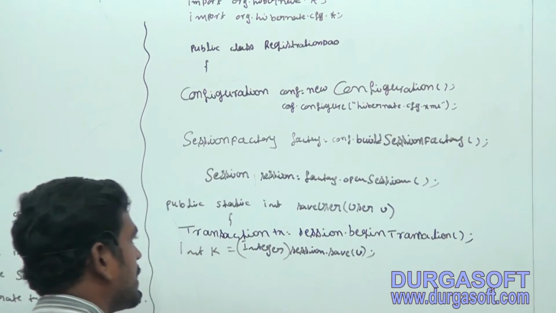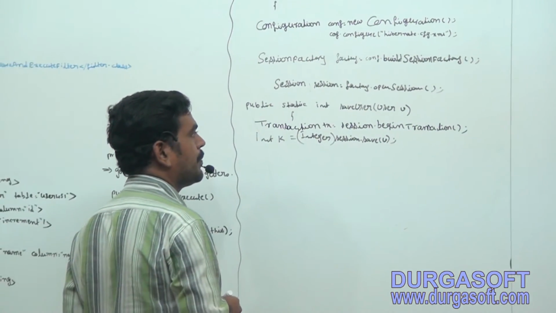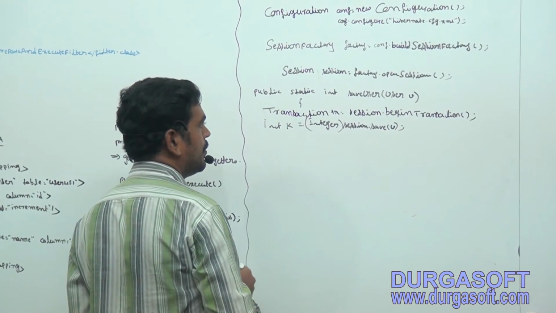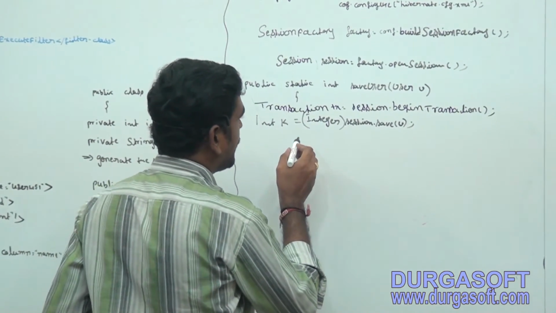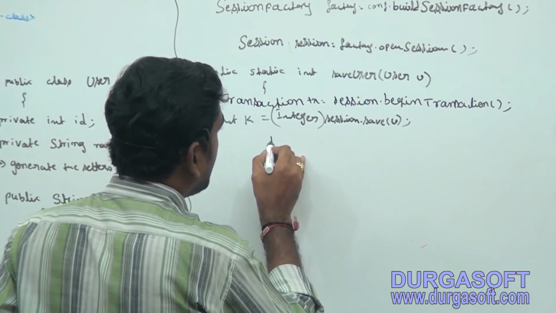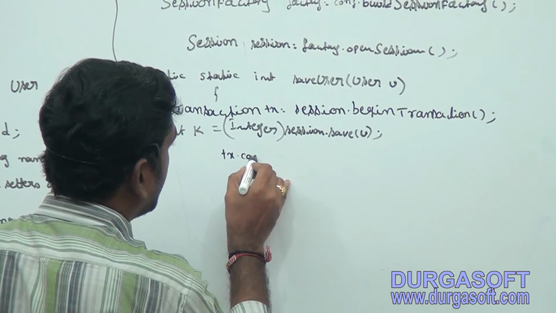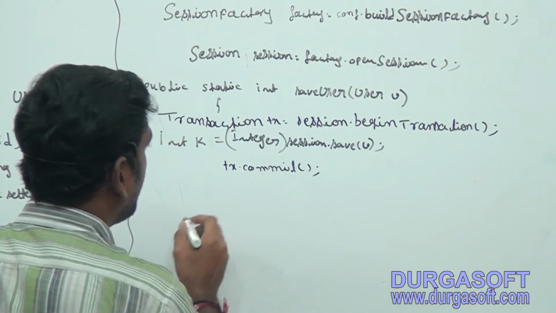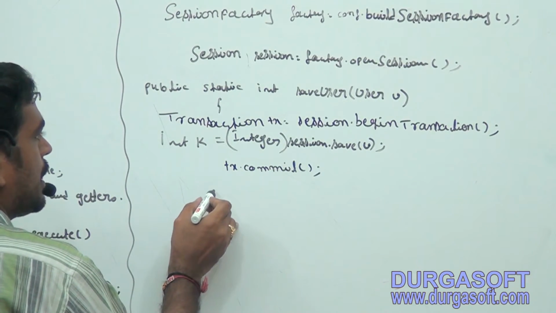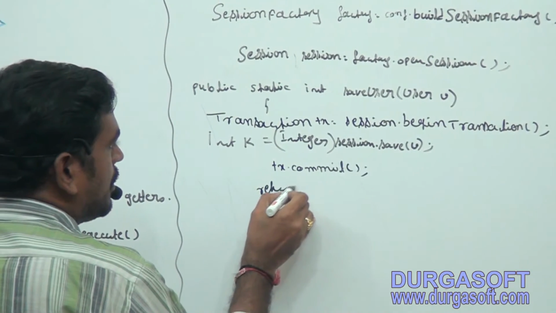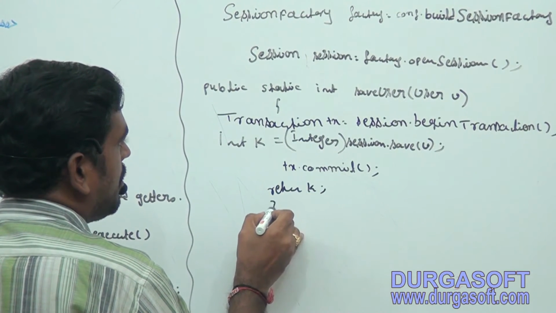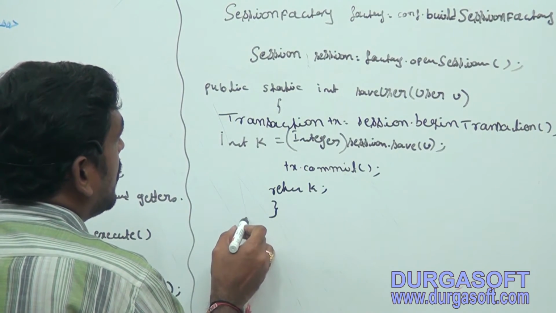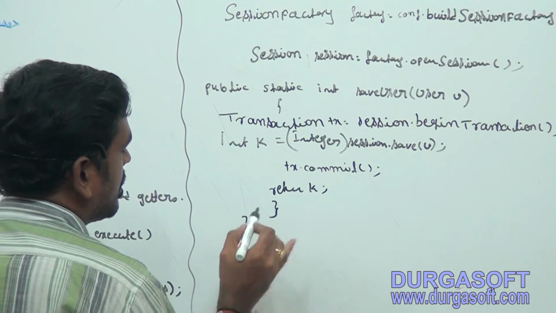The next, session dot save. The next after that, tx dot commit. Then finally return key. Close the method, close the class.